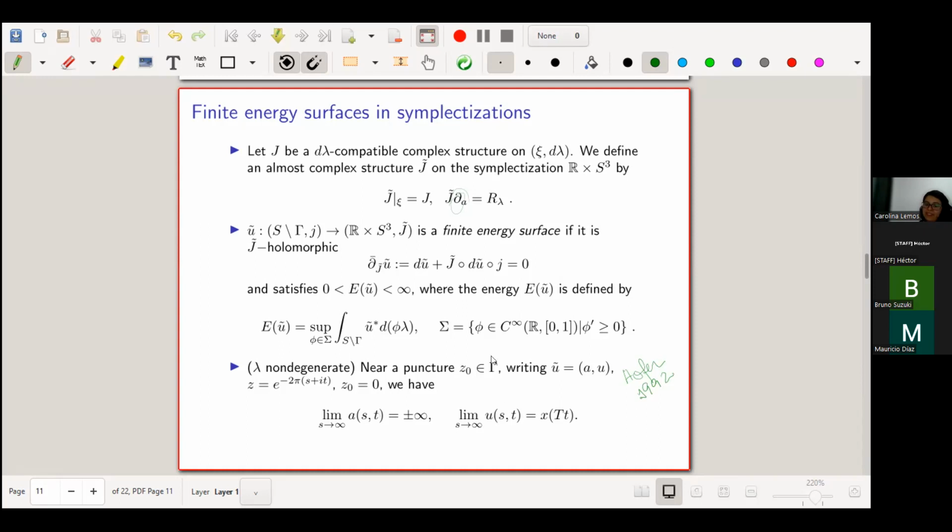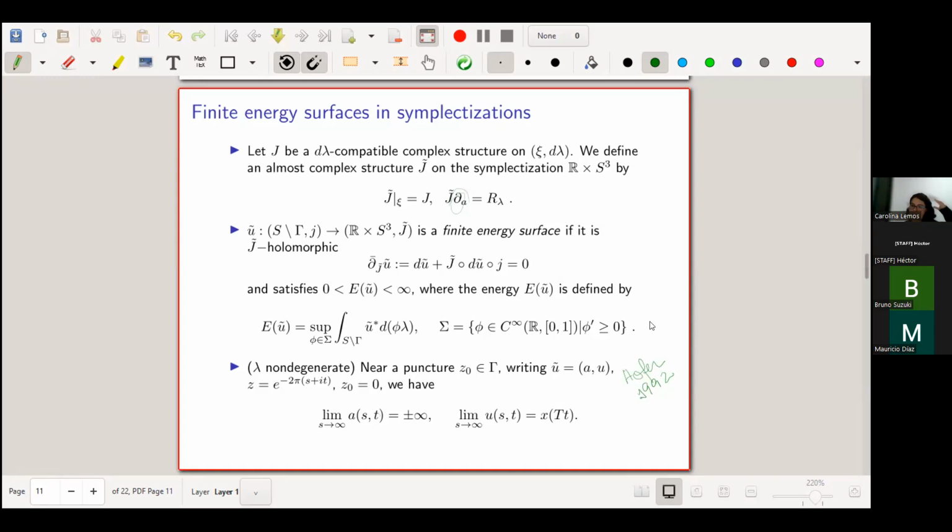And what happens is that this projection in the contact manifold approaches a periodic orbit when you approach the puncture. So basically, the existence of these finite energy curves, the holomorphic curves, implies the existence of periodic orbits and vice versa. So this was one of the ideas.